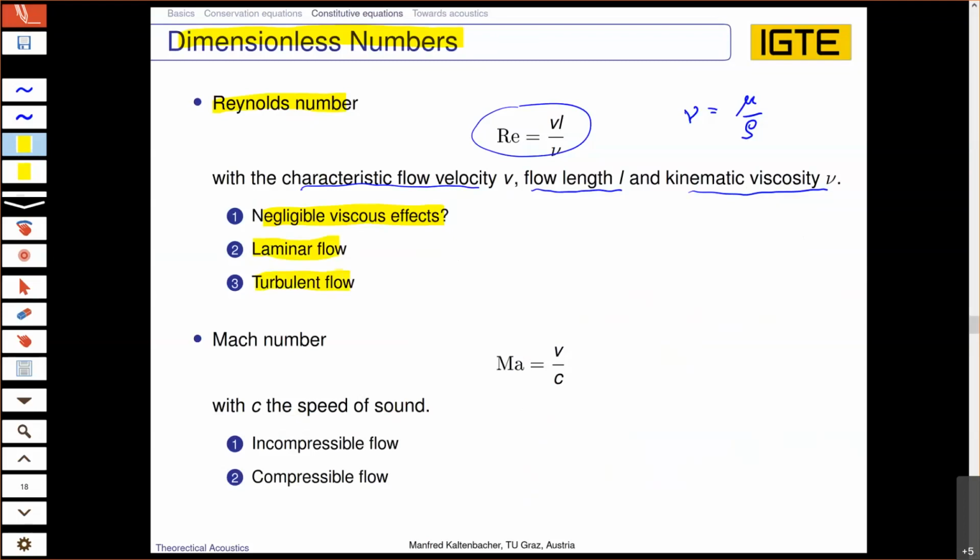Do you remember somehow? I guess you heard it in a fluid dynamics course. Somebody has an idea at which value? If I remember well, 2,300. Yes, very good, very good.